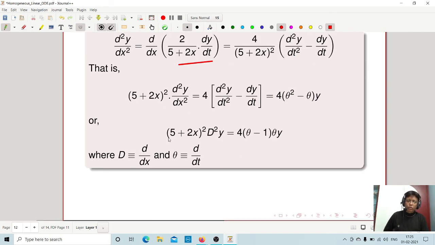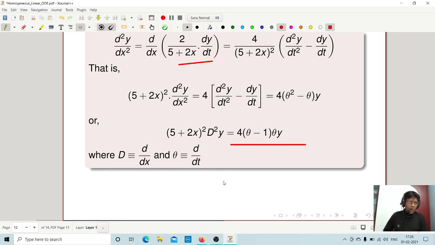So that is equal to (5 plus 2x) whole squared d2y/dx2 equals 4 of theta minus 1 into theta. So that will be converted into this. So what is the difference between that and this? There is a 4 here. You have 4 multiplied. So if you take only x as e^t, that will be your error. There will be error in your calculation.